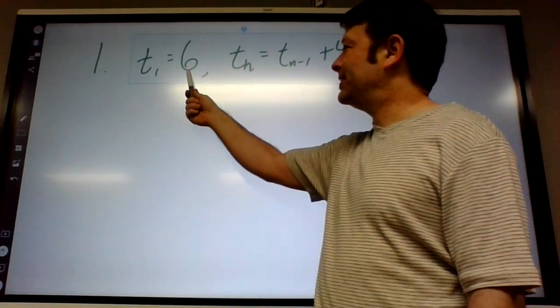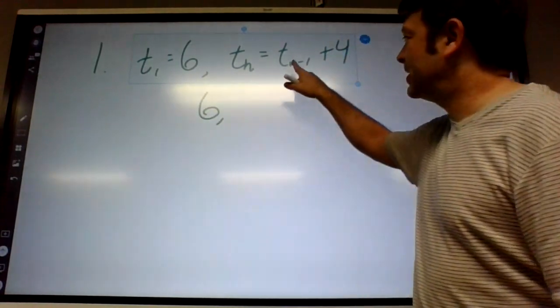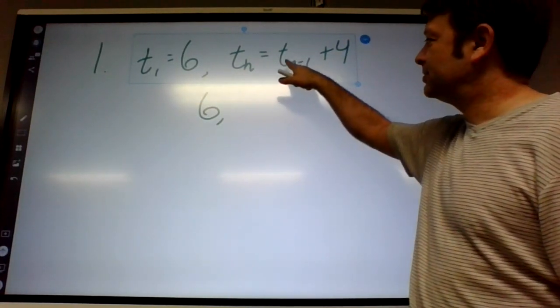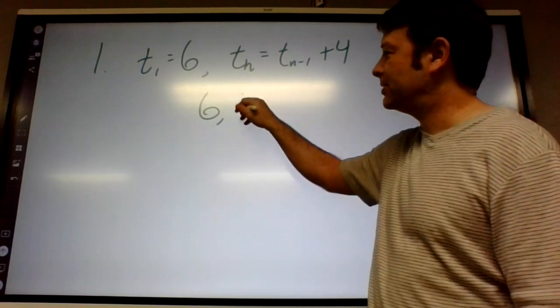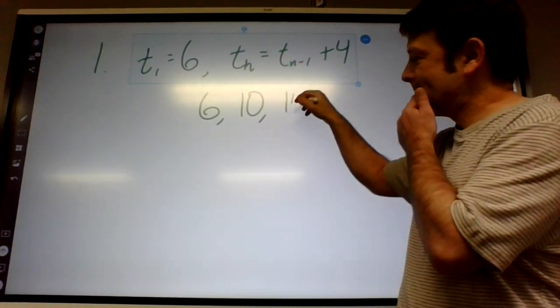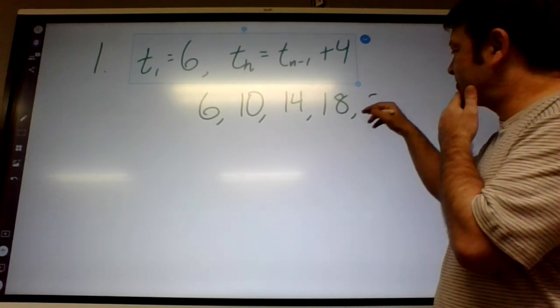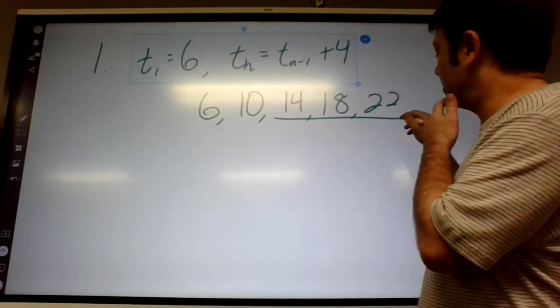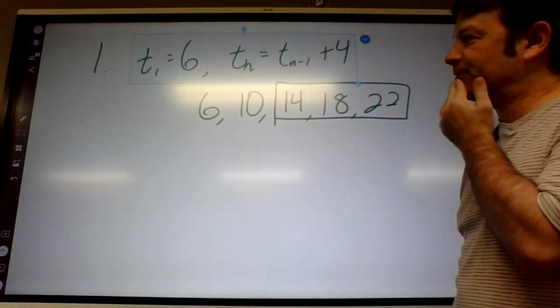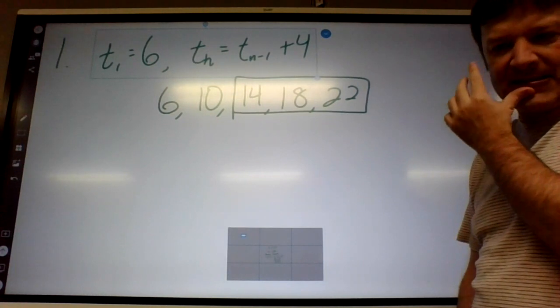So the first term is 6. The next term is going to be 6 plus 4. And then 10 plus 4. And so on. They actually asked for the third, fourth, and fifth terms, so those are the answer.